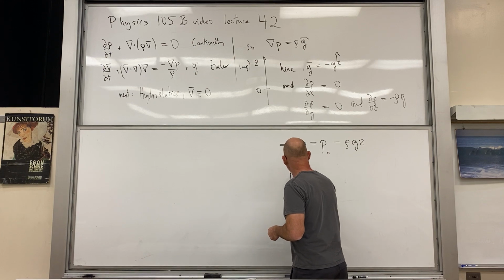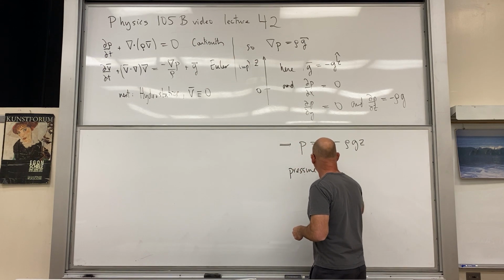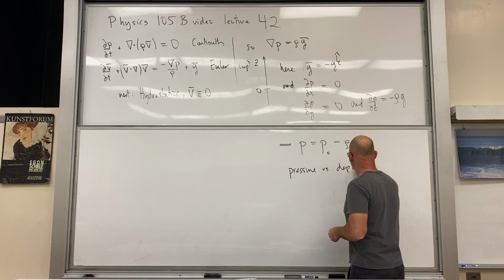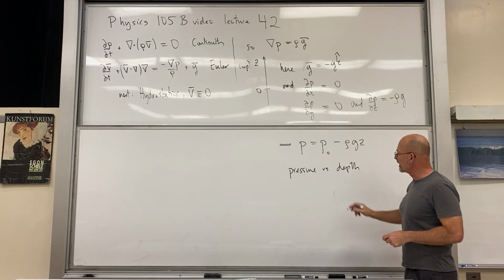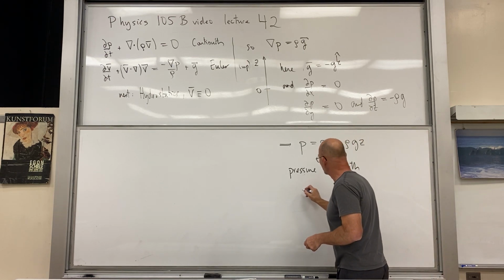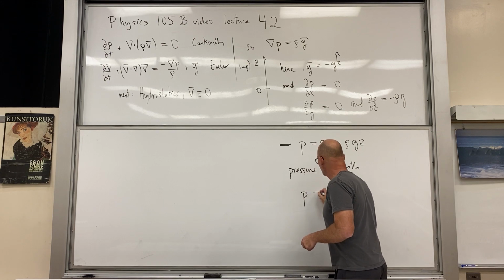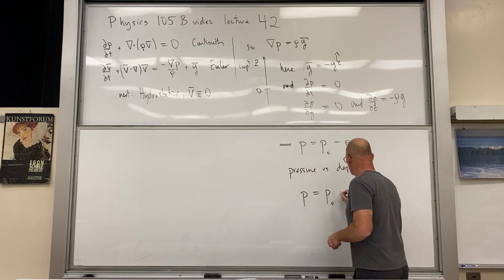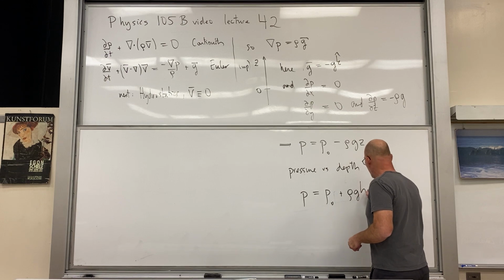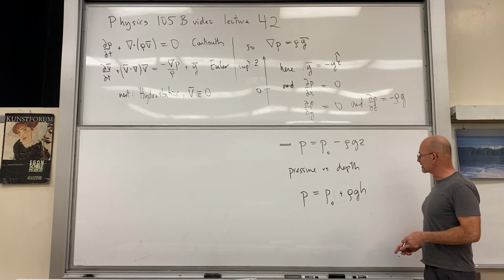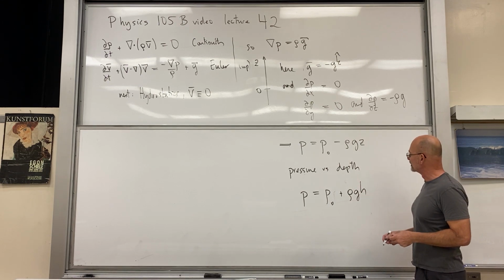So pressure versus depth, and the way you often encounter it is P equals P0 plus rho g h, where h is the depth, measured in the positive direction downward.